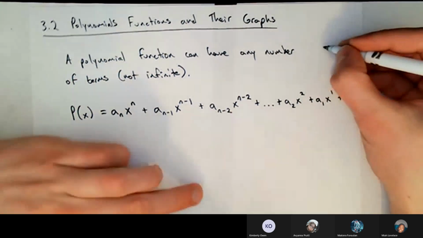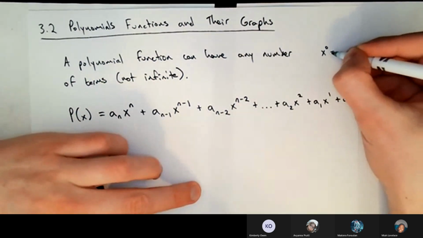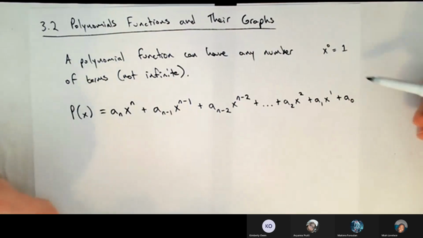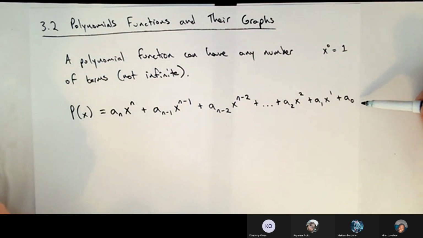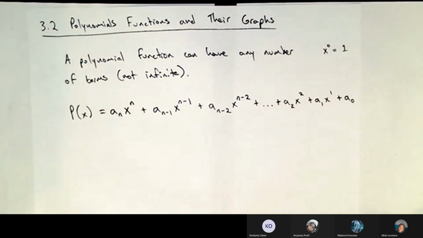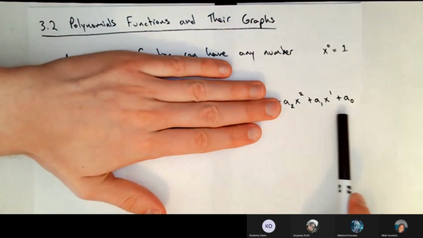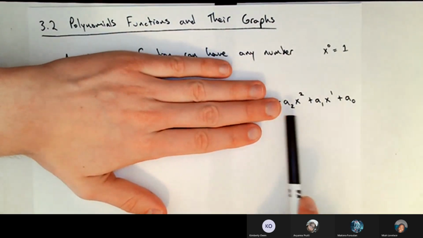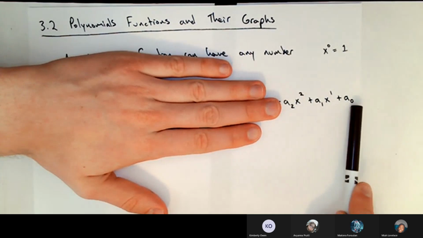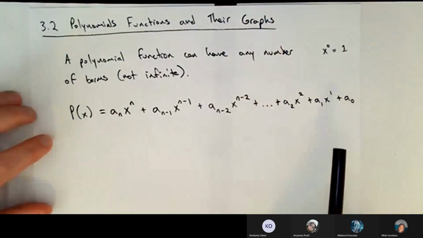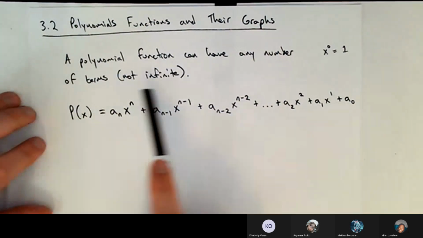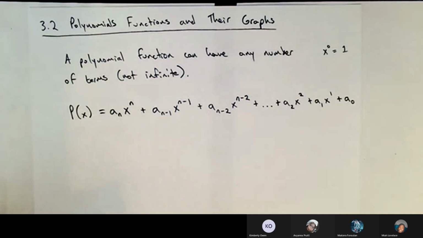But recall that anything to the 0 is just 1, so it's not necessary to write it down. Chop all these terms away, and I just end up with that quadratic function there, right? x squared, x, and a constant. But this is now expanding to a generic polynomial with n many terms.